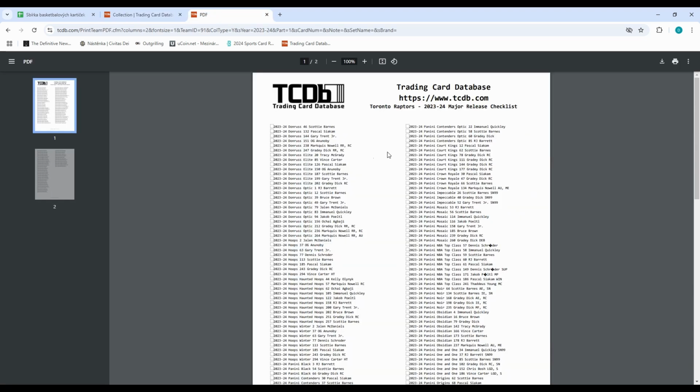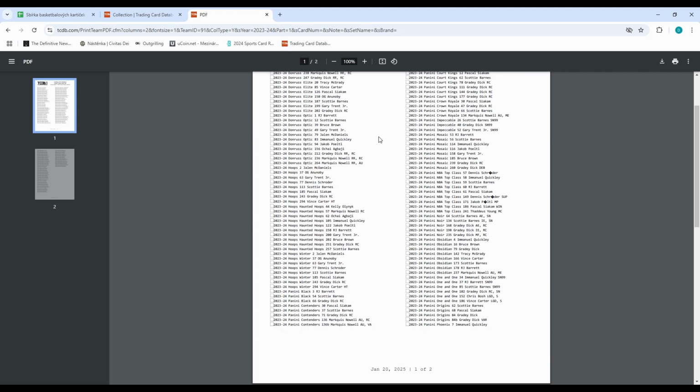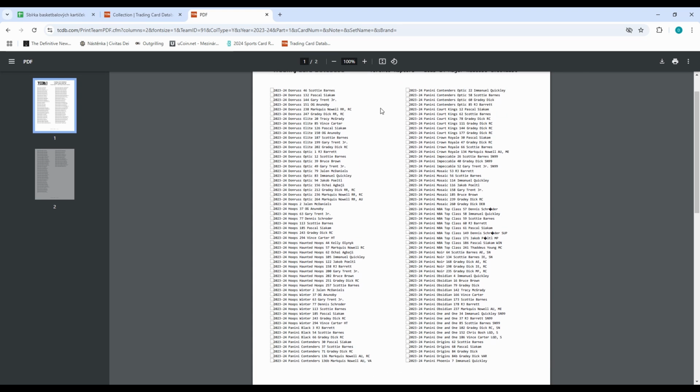I own from this year a few cards, around 20 cards, and when you make this checklist, it doesn't show what you already own. So that's a little bit, let's say, a downfall of this page.